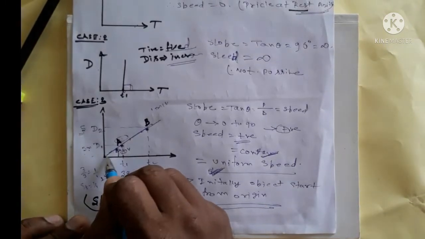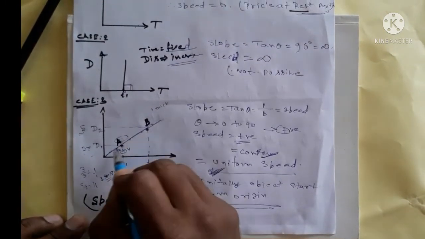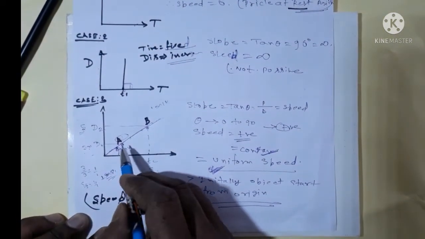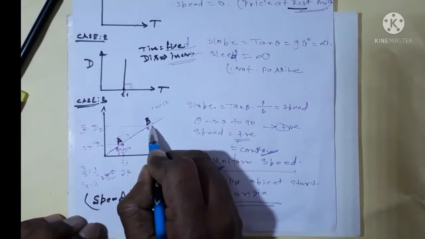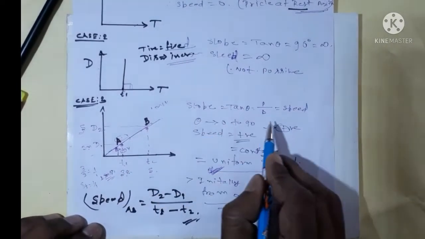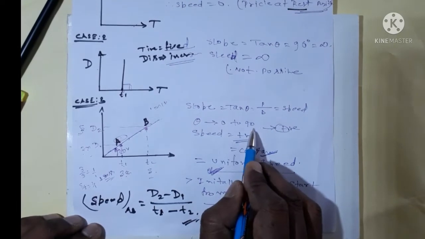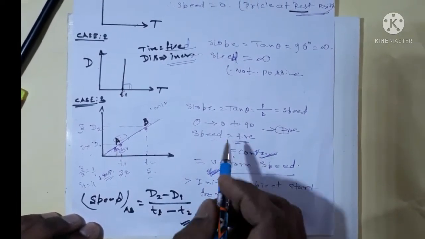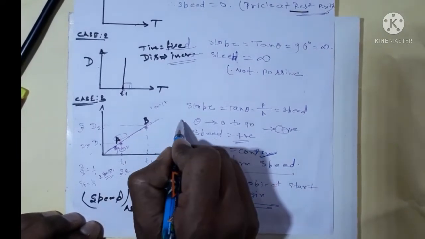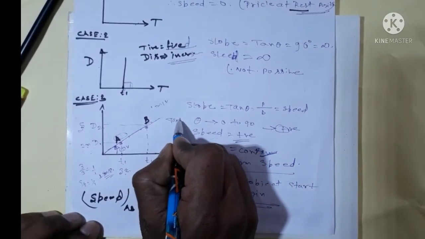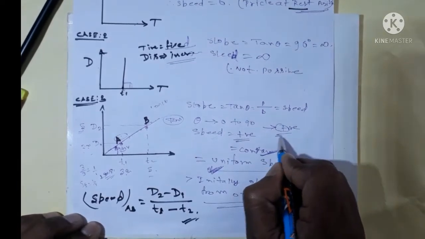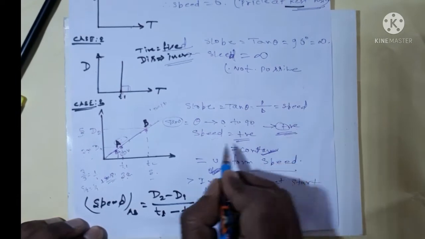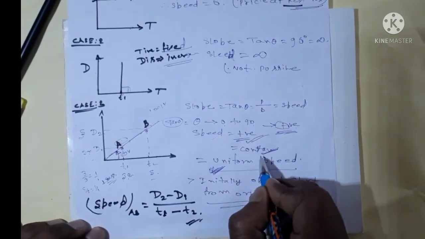here this is a linear straight line in nature, and a straight line is uniform in nature. At every point speed is equal because slope is equal to 0 to 90 degree. If slope is 0 to 90 degree it means speed is positive, because the value of tan theta 0 to 90 is always positive, so speed is all positive and constant.